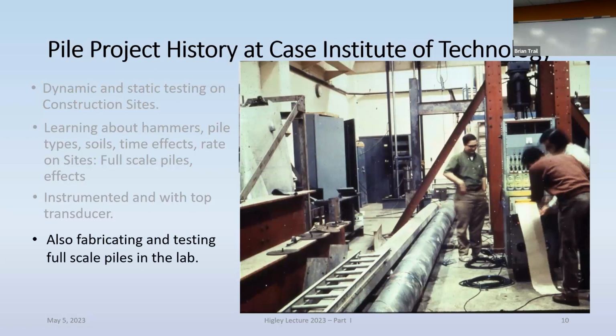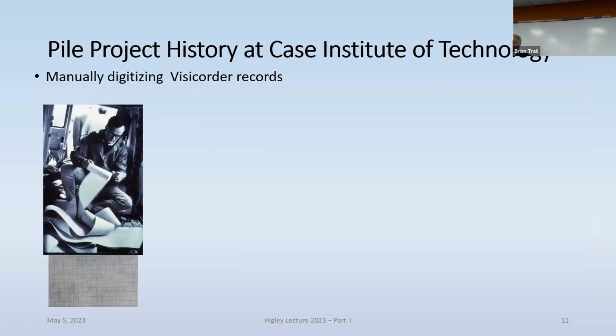There we had some facilities to test our piles, one a prestressed concrete pile that we built, the other one a steel pipe. And we did some measurements there. Really measuring on the construction site was the thing to do, and we learned a lot there, much more than from doing something in the lab.